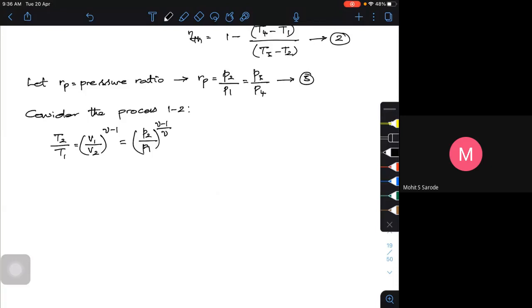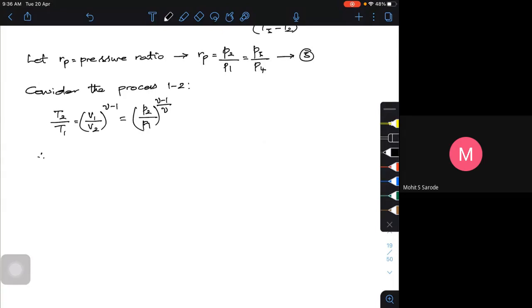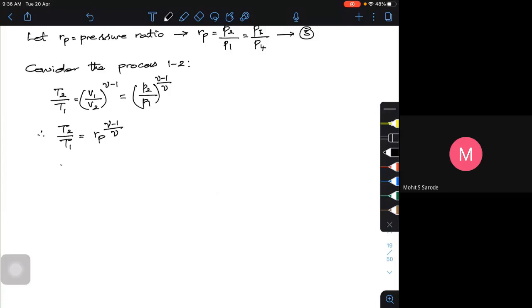P2 by P1 we have defined as the pressure ratio. Therefore, I can write T2 by T1 is equal to Rp to the power of (gamma minus 1) by gamma, or T2 is equal to T1 into Rp to the power of (gamma minus 1) by gamma. Let me call that equation number 4.